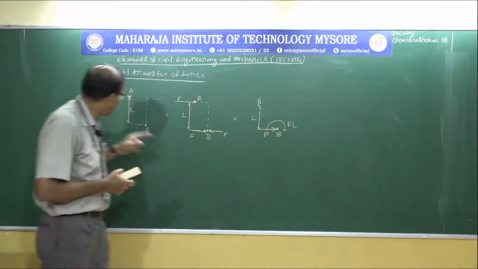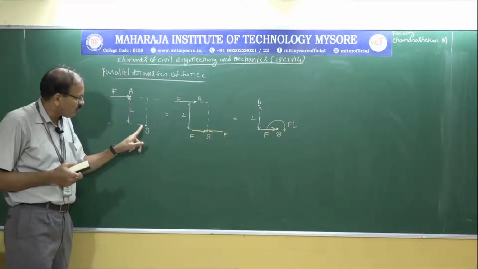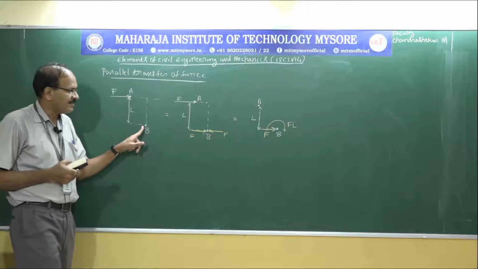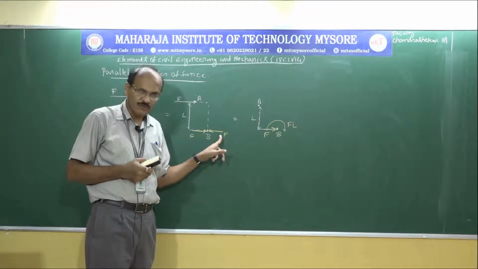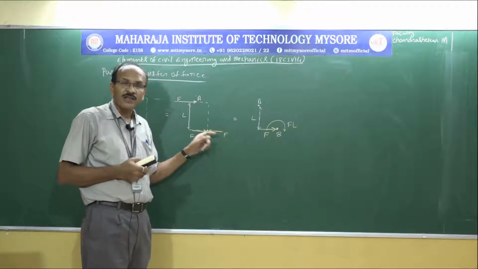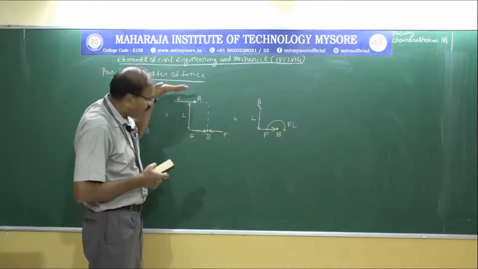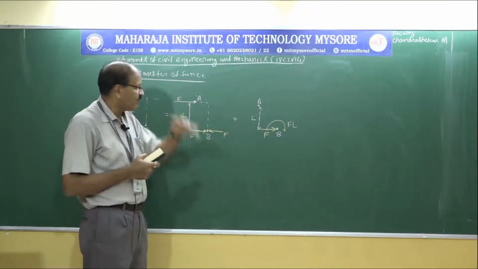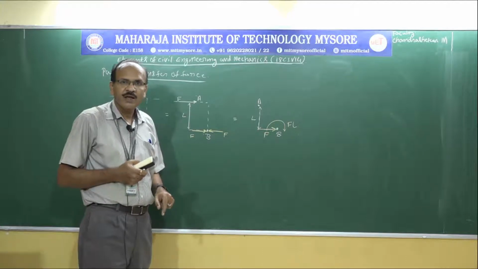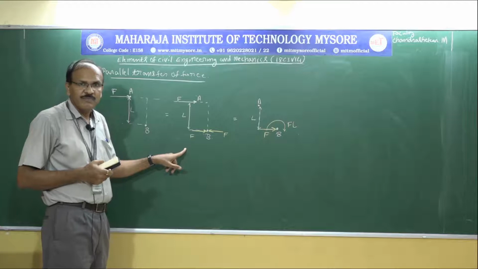I am going to repeat. I am going to transfer this force to the point B. For that, I put two equal and opposite forces at point B, and these two equal and opposite forces are parallel to the original force which we are going to transfer to point B, and the magnitude will be the same.